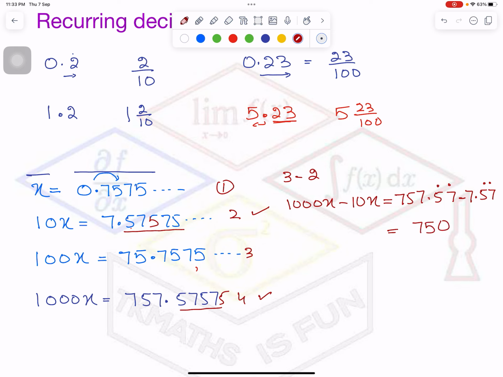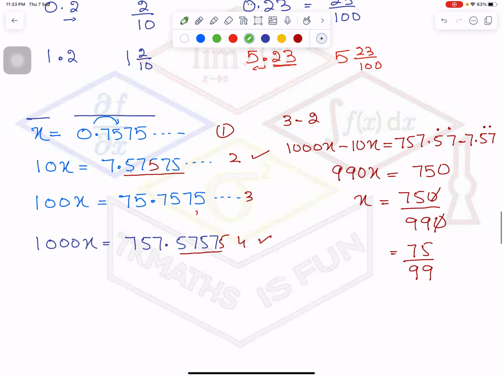And what is 1000 minus 10? 1000 minus 10 is 990. So your answer will be x is equals to 750 over 990. You can simplify it, so it is 75 over 99.